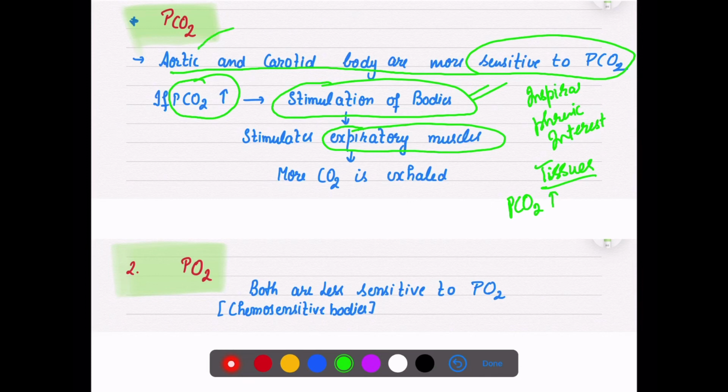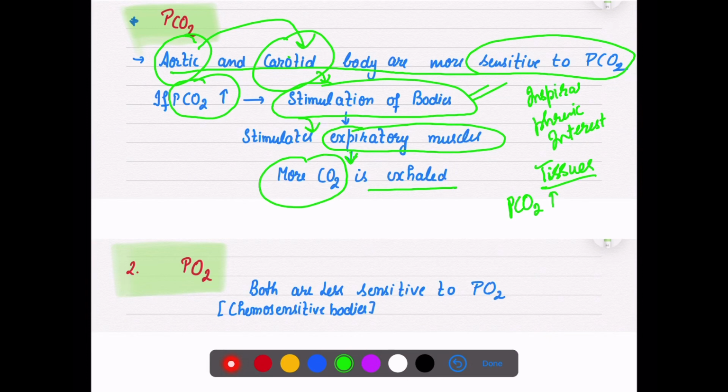That is the aortic and carotid body. First they get stimulated, then they stimulate the expiratory muscles, and when your expiratory muscles get stimulated, more and more carbon dioxide is exhaled. So both bodies, aortic and carotid, are more sensitive to CO2.